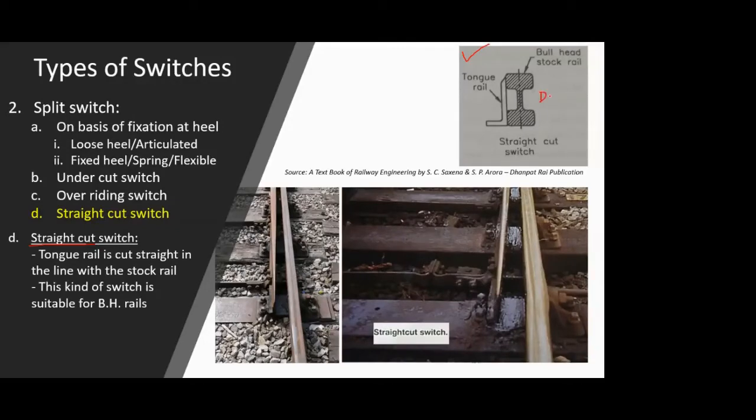That it is symmetrical about the y-axis as well as the x-axis. So in this case, what is there? It is exactly the face of the tongue rail which is going to touch the stock rail. So it is a straight section.